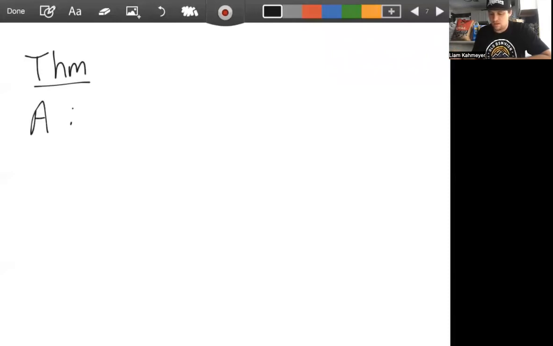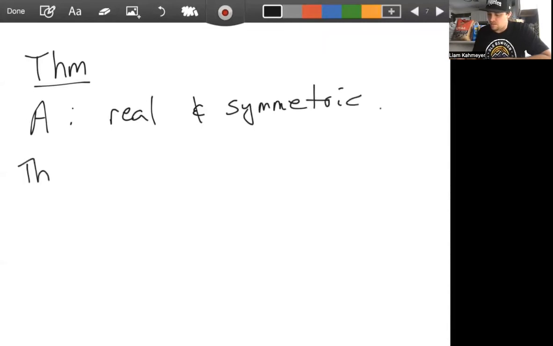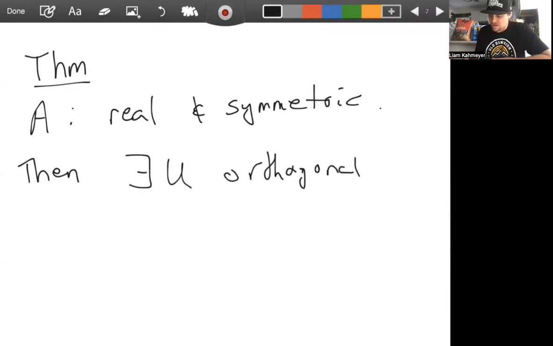a matrix A, which is real and symmetric, then there exists an orthogonal matrix U such that it is orthogonally similar, right?